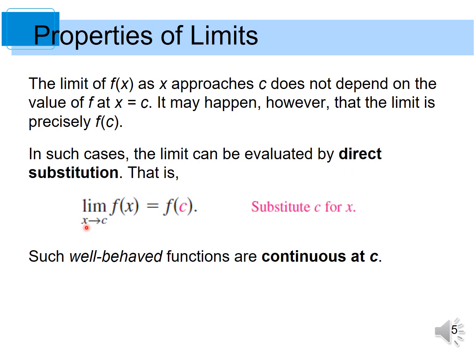For example, the limit of the function f(x) when x tends to c is equal to f(c). We just substitute the c for x. Such well-behaved functions are continuous at c.